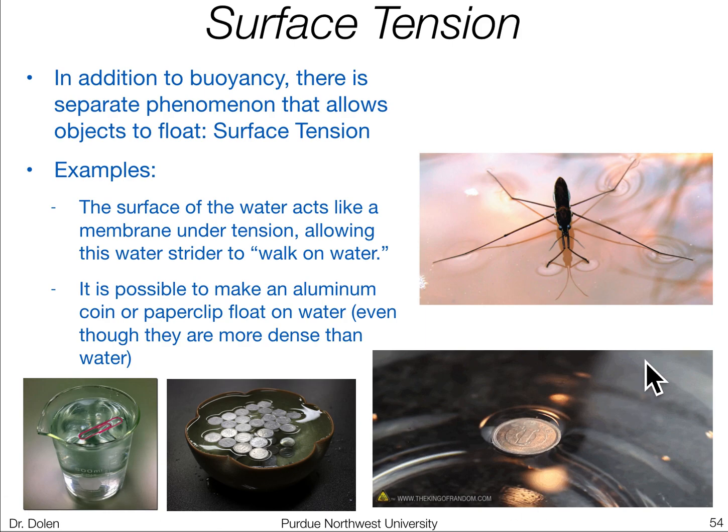Surface tension allows a bug to look like it walks on water. Certain types of coins you can actually float in water, like an aluminum coin or even a paperclip. A paperclip and aluminum coins are both more dense than water, so they both should sink, but they can actually float on the surface due to this surface tension phenomenon.